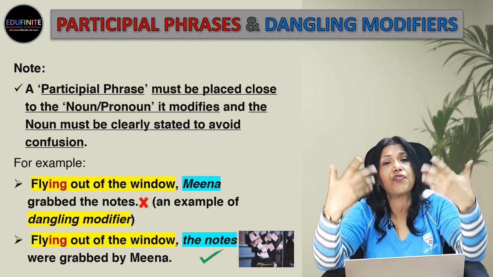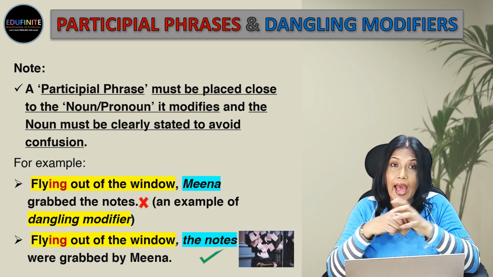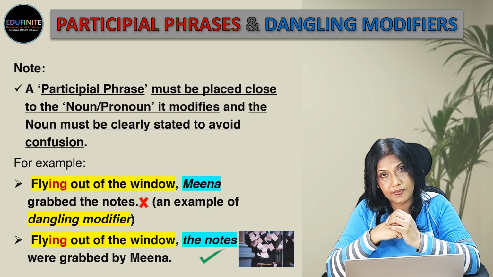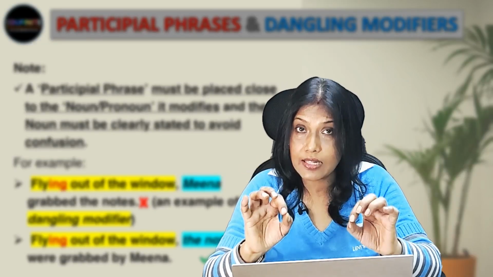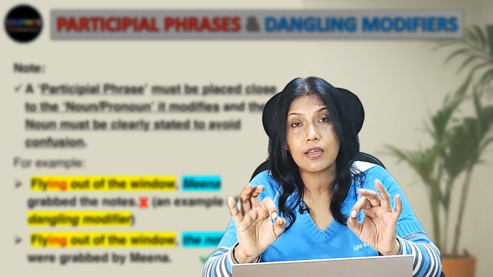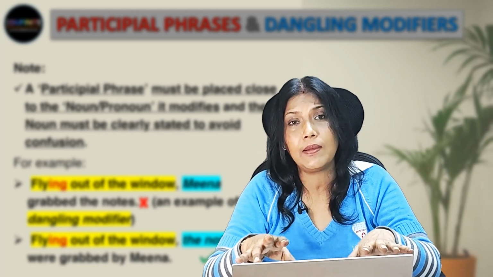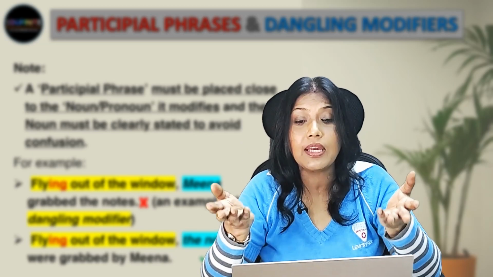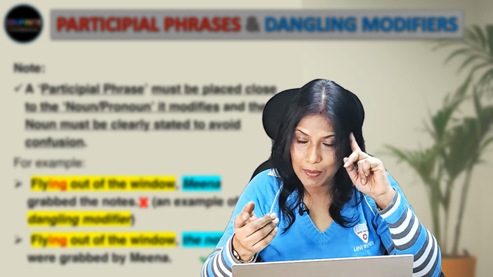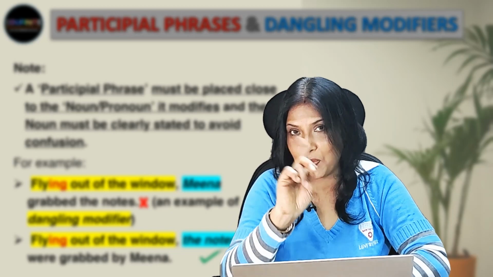So, the notes were flying out of the window and were grabbed by Meena. So, this is how you should write your modifiers very carefully. Otherwise, there will be some confusion with the dangling modifiers. So, keep in mind, dangling modifiers, don't use them.